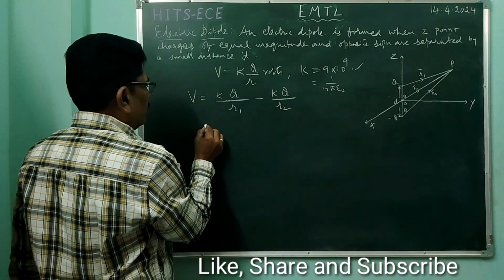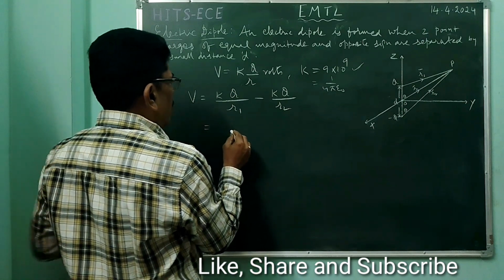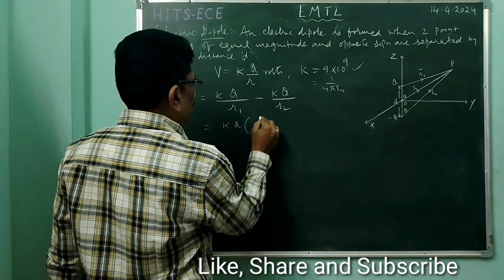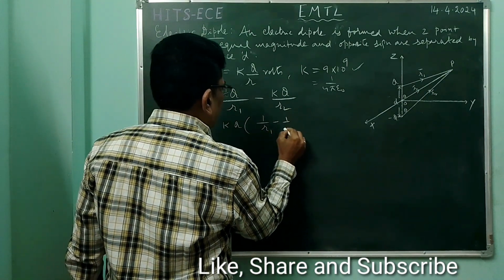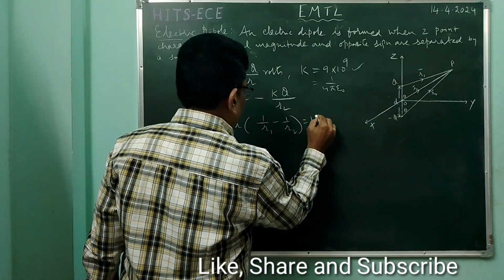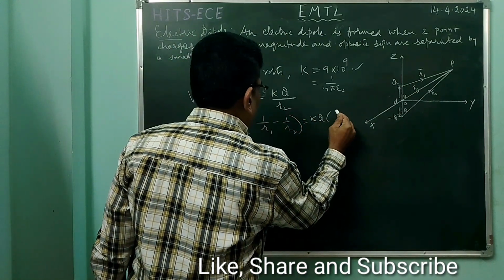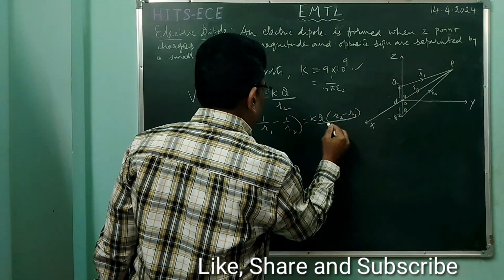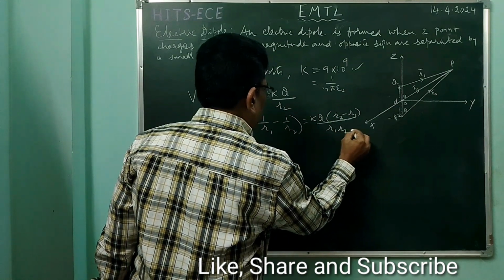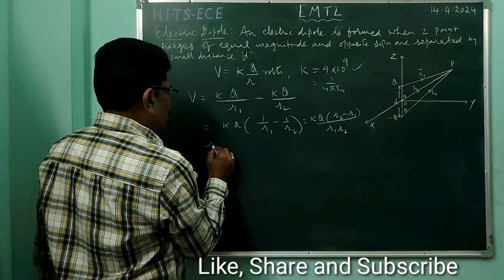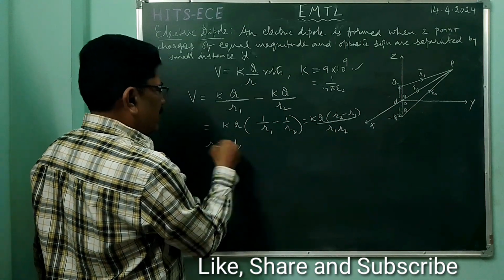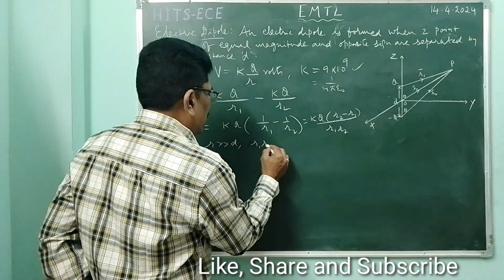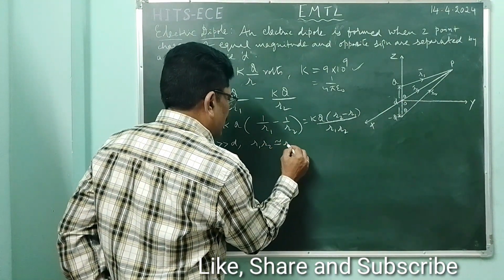So V is equal to K into Q into (1 by R1 minus 1 by R2), which is equal to K into Q into (R2 minus R1) by R1 R2. Assuming that this R is much greater than d, then R1 R2 is approximately equal to R square.